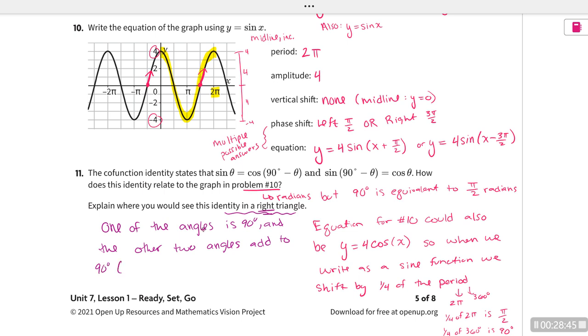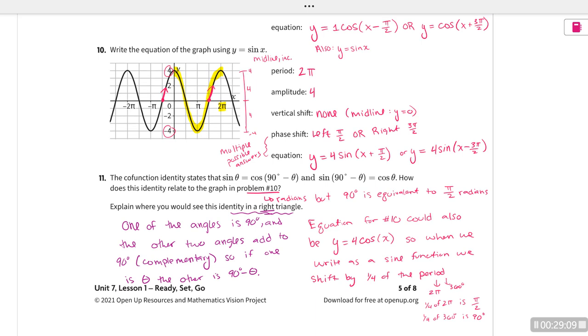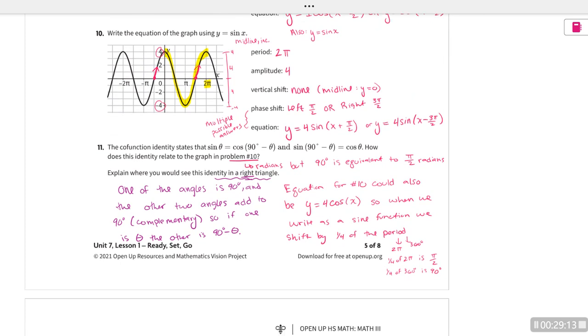We can say that they are complementary. So if one is theta, the other is 90 minus theta, right? So that's going to total 180 degrees if you have that 90 plus theta plus 90 minus theta.